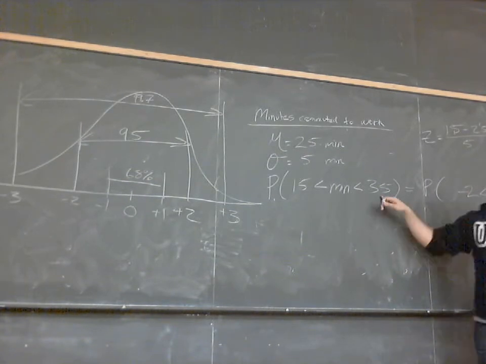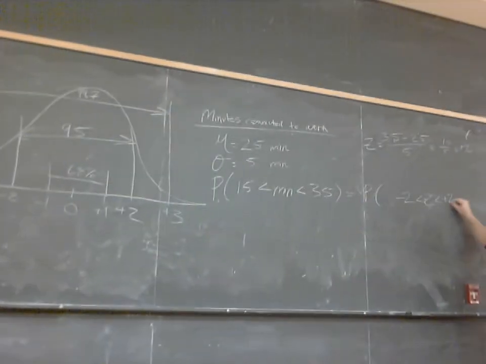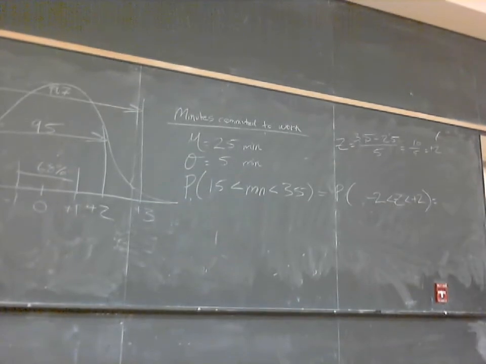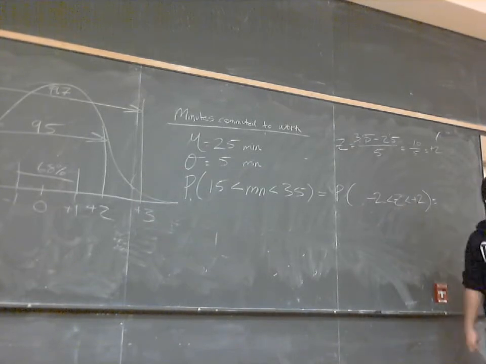What about this one, 35? Positive 2. If I replace this as a 35, I'll have positive 10 divided by 5, which is positive 2. All right, now we've converted our data to z-scores. Now we need to use the empirical rule to find that probability. This is an easy one. What's this one? 95.